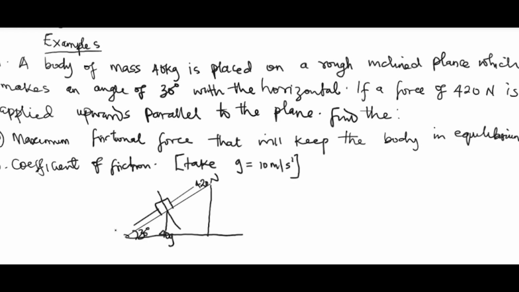Okay. And then we'll have our mg sine theta, while we have the force of friction here. This is our reaction, right? And then here we'll have our mg cos theta.